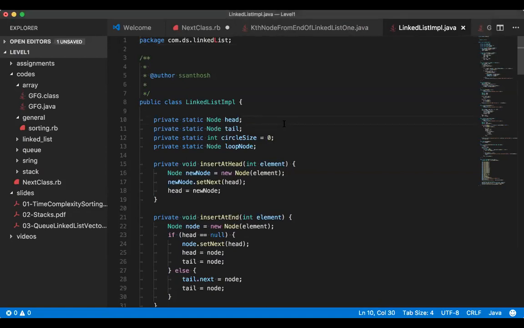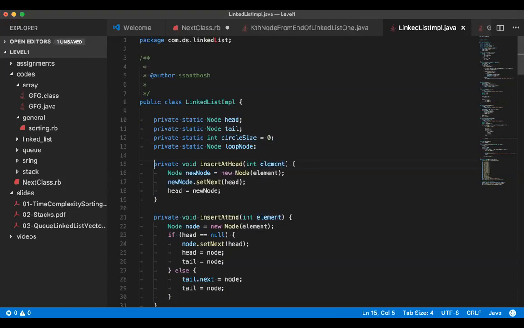Yes, so this is the linked list implementation using a simple node. We have maintained a head, a tail, and a size equal to 0.